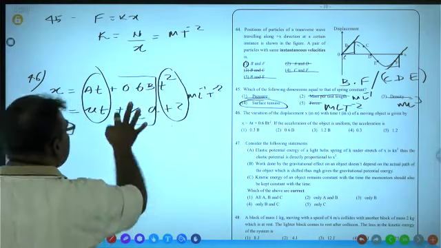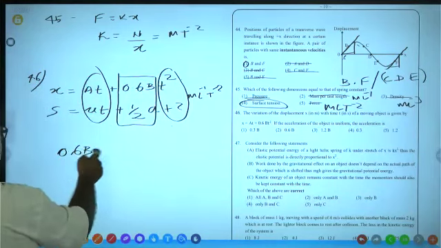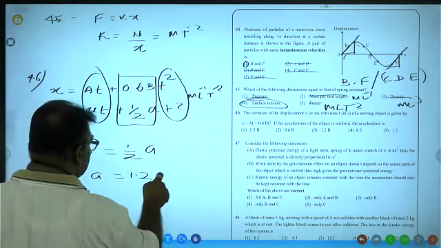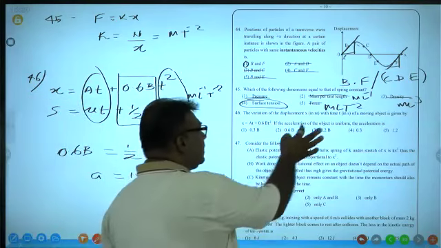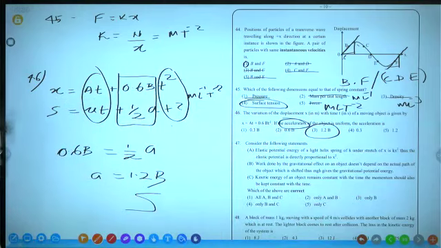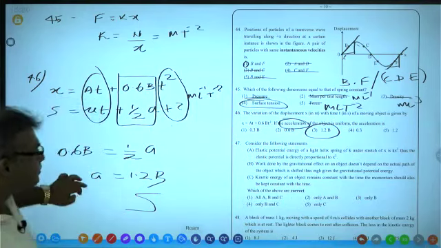Look at it and see whether you equated. That means 0.6b equals half a. A becomes 1.2b. This could be the acceleration. They need the acceleration. It's 1.2b. Okay. Number 46, the correct answer is the third one. Let's see number 47.